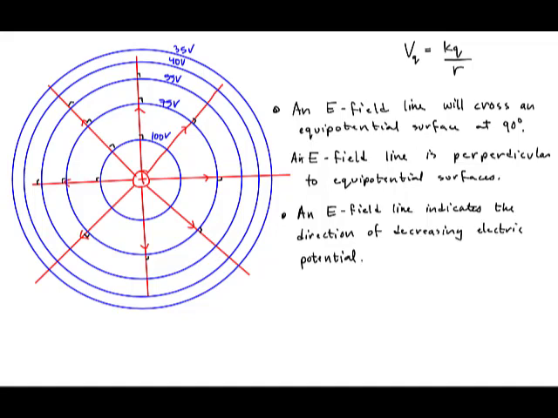Now, because electric potential is defined as electric potential energy per unit charge, we can equivalently say an electric field line indicates the direction of decreasing electric potential energy. Just remember, though, that there is a difference between when we say electric potential and electric potential energy.